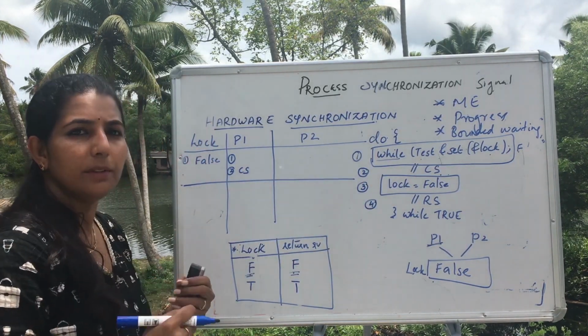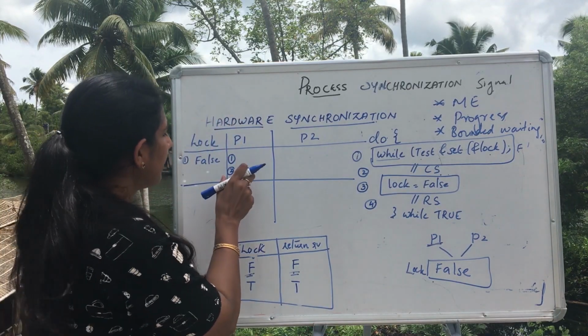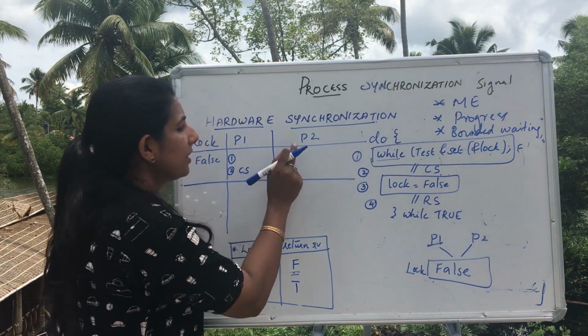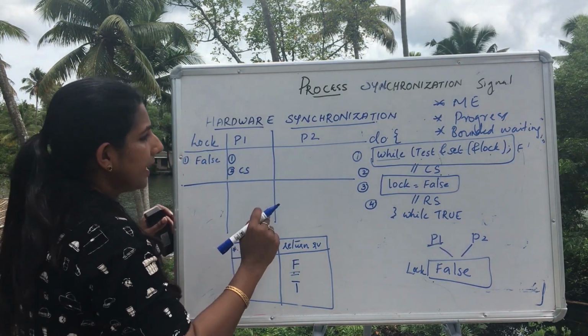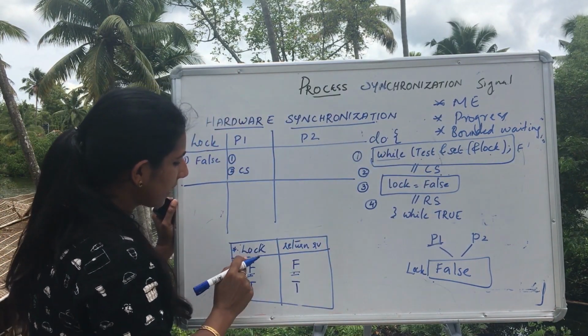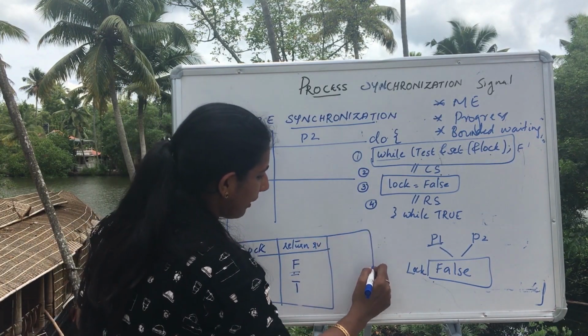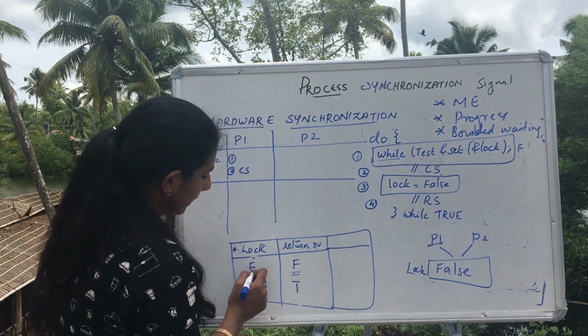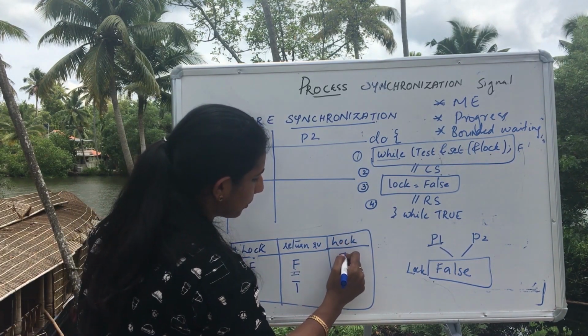Now, according to the requirement, mutual exclusion should be maintained. That means when P1 has entered into the critical section, P2 should not be allowed to enter into the critical section. Now, after entering the critical section, I have one more condition in our while and TestAndSet: the return value will be false, but the lock value will be set to true.